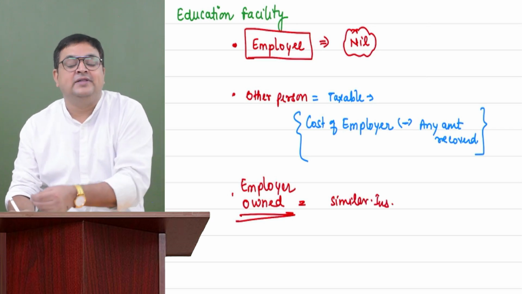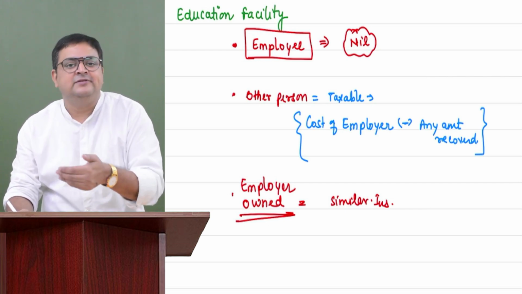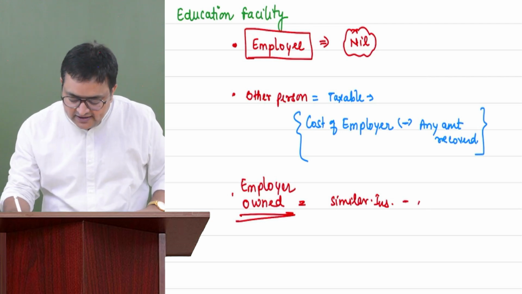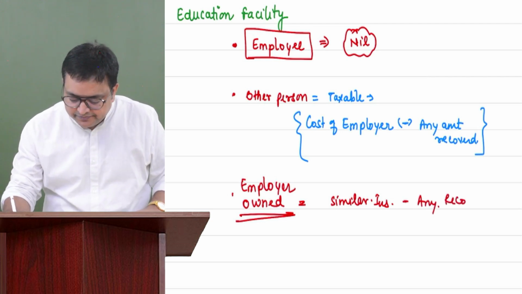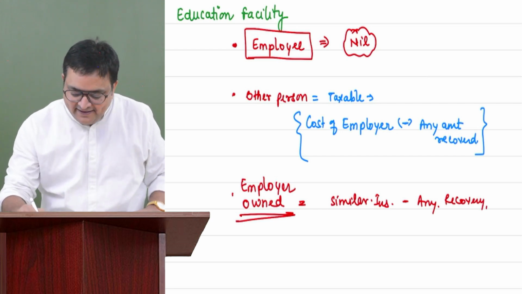It is not the actual cost, but in this case, we will take a deemed cost, what a similar institute charges in the same locality or same location, minus any amount recovered. This would remain the same, minus any recovery. Right. Last thing.